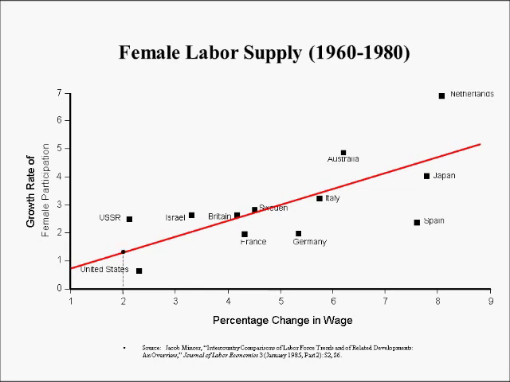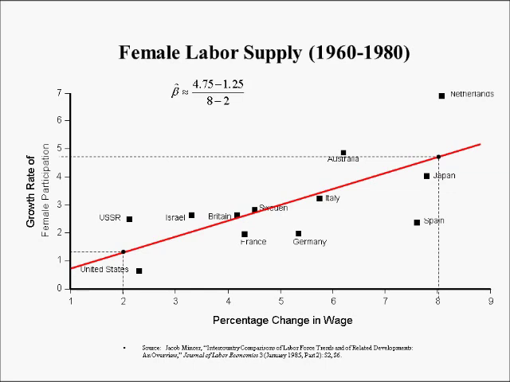When the percent change in the wage is 2%, the female labor force participation rate only grows at about 1.25%. If the wage for women in the labor market is growing at 8%, the labor force grows by about 4.75%.